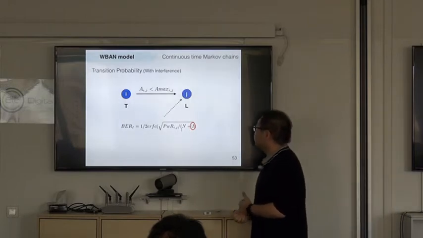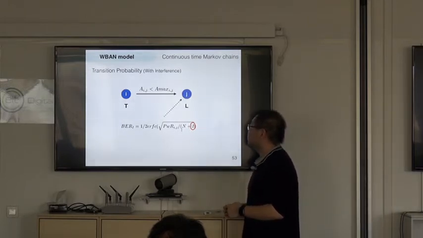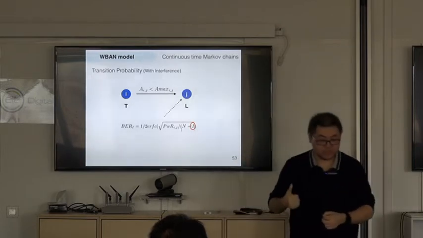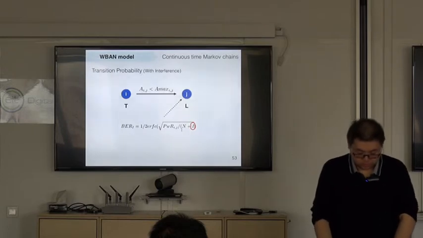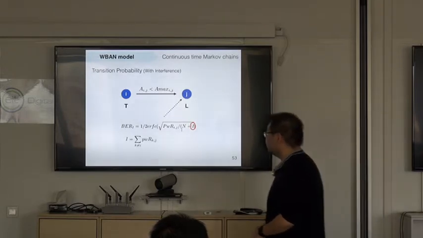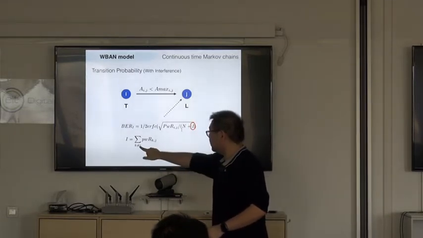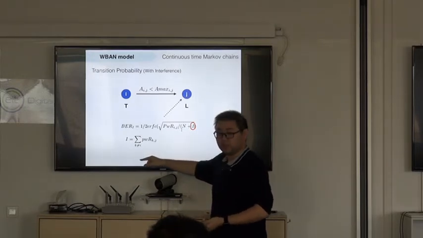So in this step, when we want to compute the transition probabilities, in the case where we consider interference, we have to consider the I here. The I is all the receiving power at the receiver except the target one.